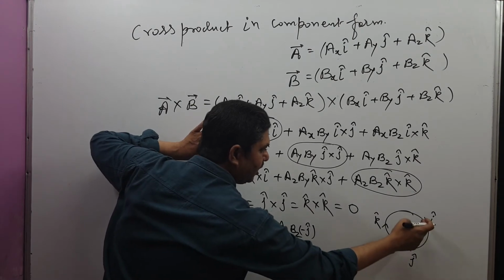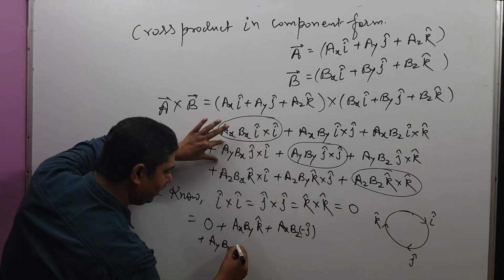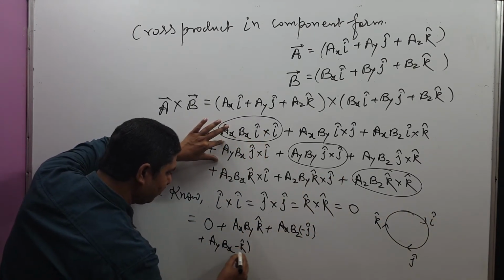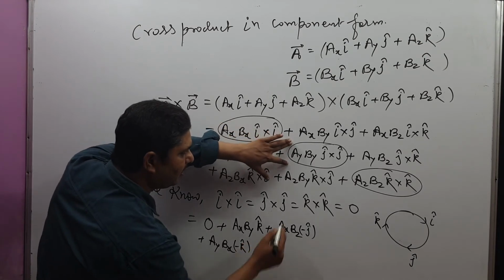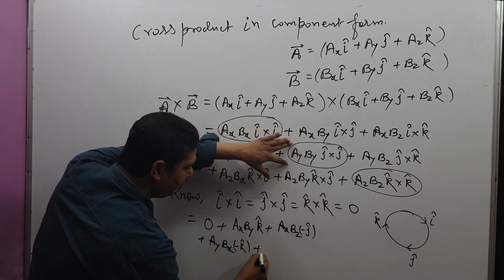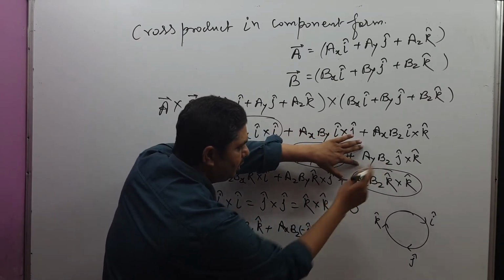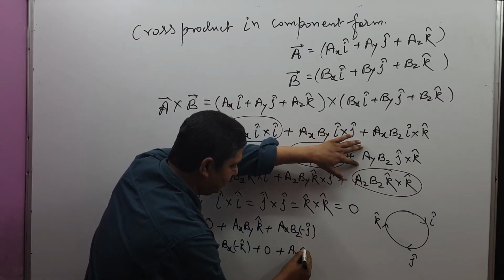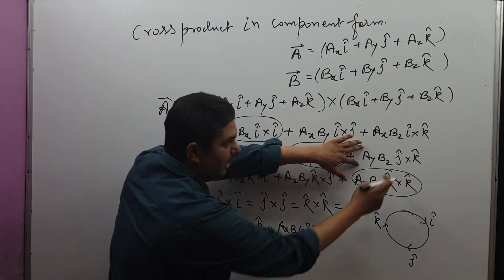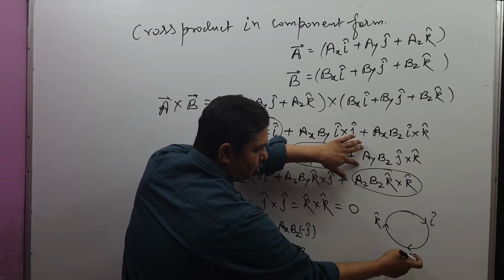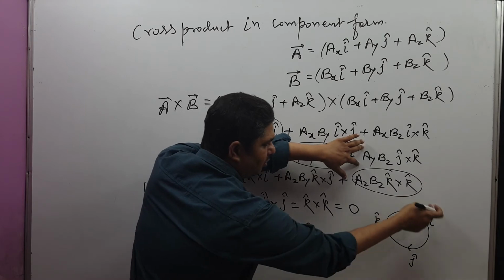J cross i equals minus k because it is in the opposite direction. Now this second term AY BY is 0 and this third term is AY BZ. So write here AY BZ and here you have j cross k. So j cross k is equal to i.